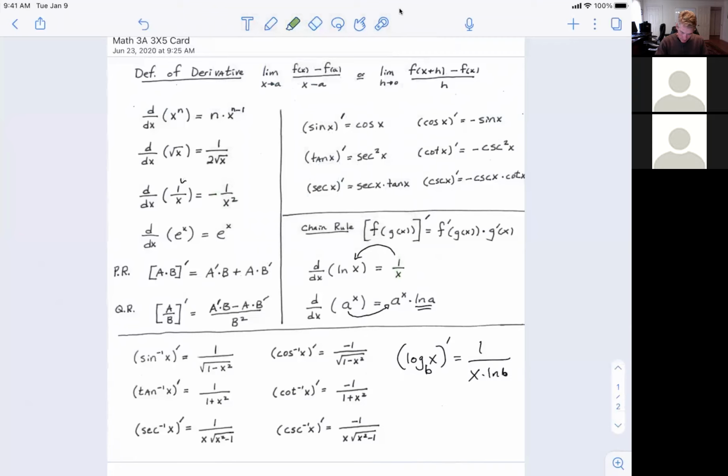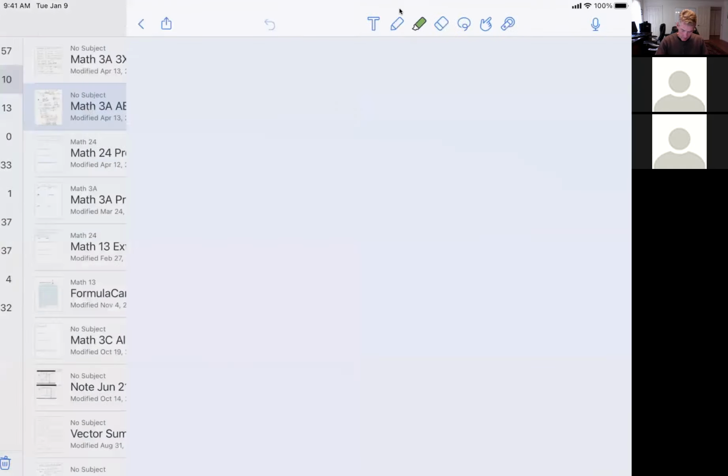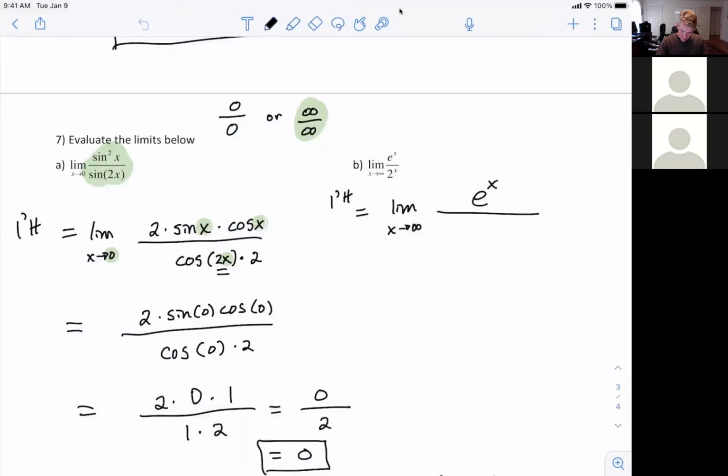Oh, here it is. So it would be 2 to the x, and then times the natural log of 2.